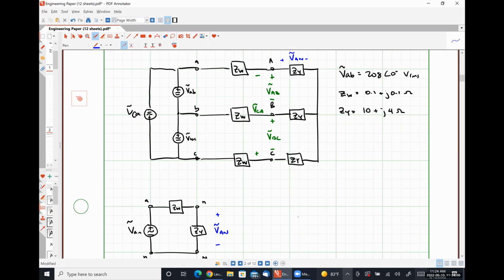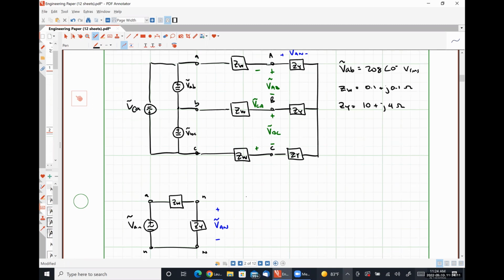So our methodology here is to observe that our line voltage VAB is nothing more than VAN minus VBN, which is the same thing as VAN multiplied by √3 angle 30 degrees.